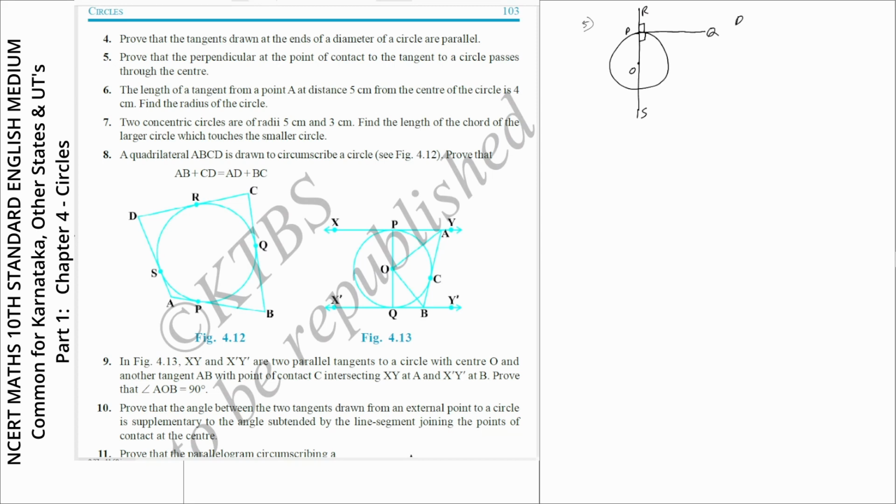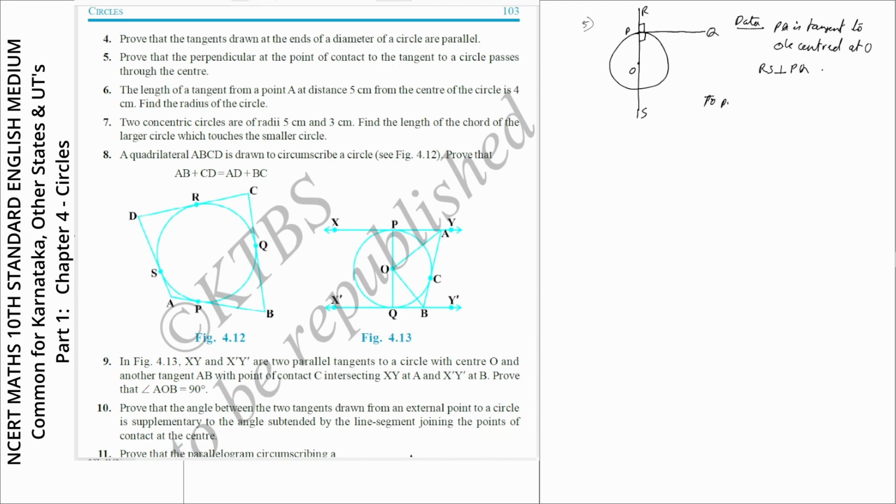So I'll write the data. PQ is tangent to a circle centered at O, and RS is perpendicular to PQ. This is the given data.